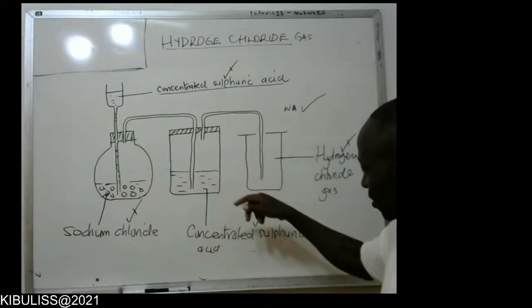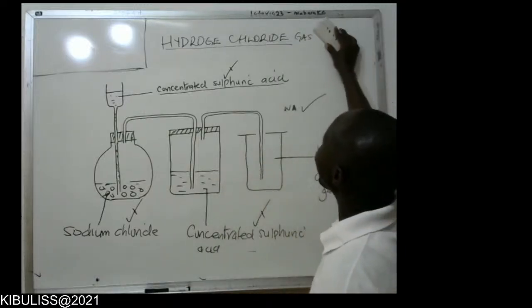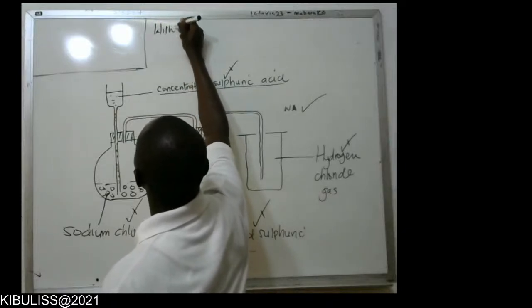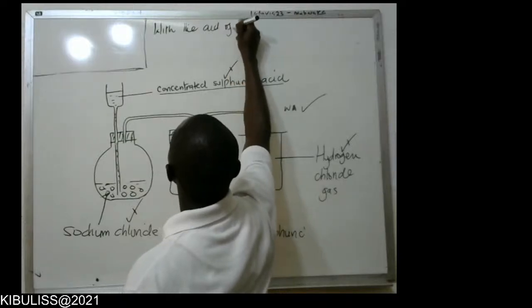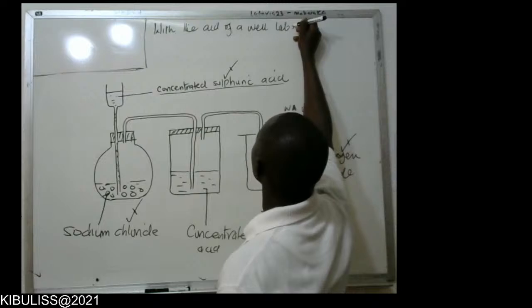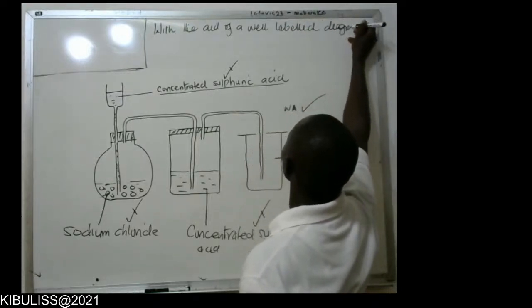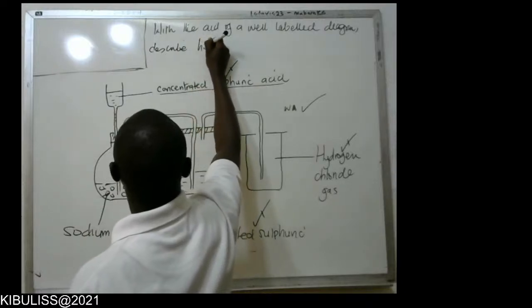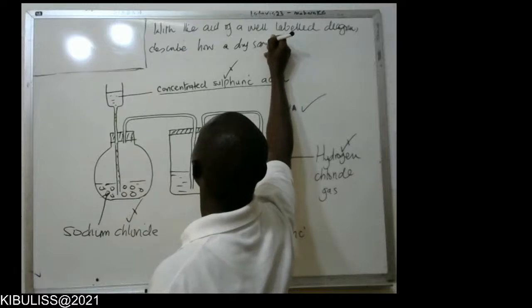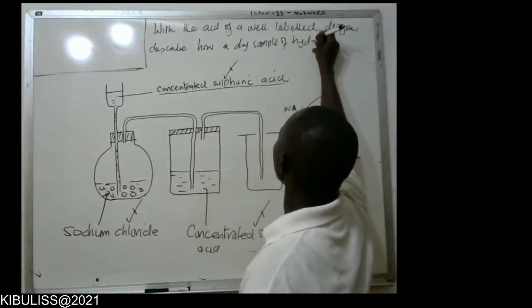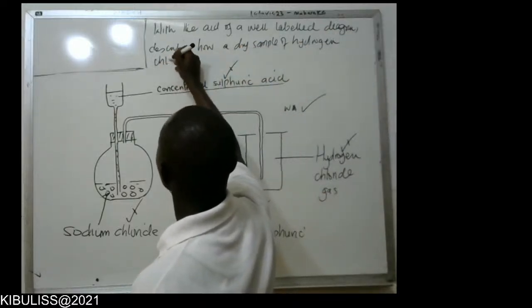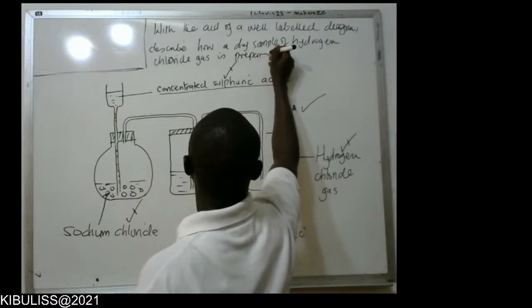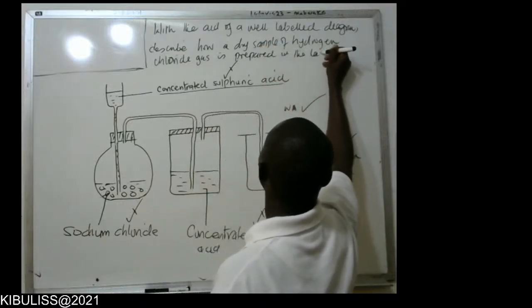The question this diagram is answering right now says, with the aid of a well labeled diagram, describe how a dry sample of hydrogen chloride gas is prepared in the laboratory.